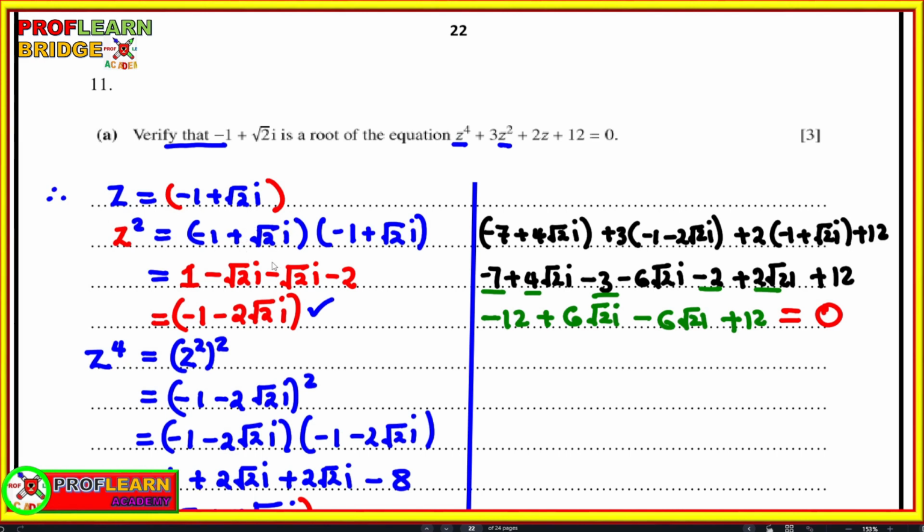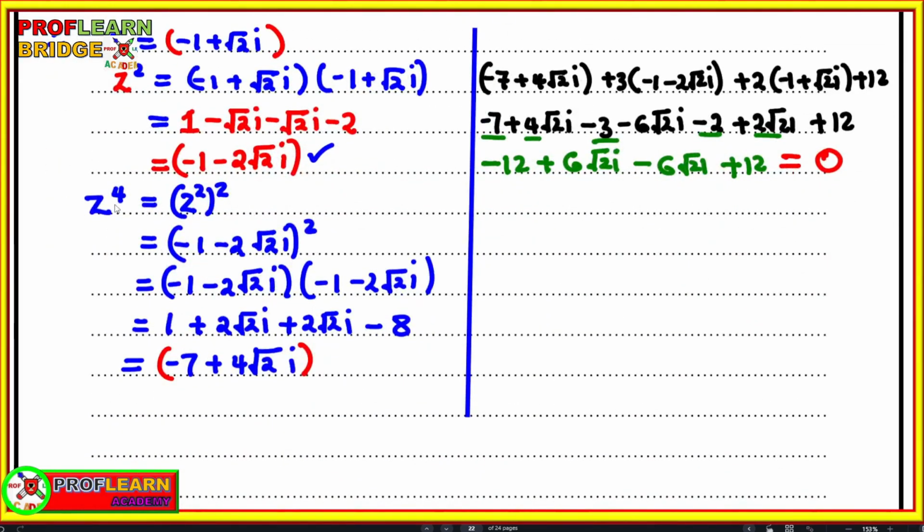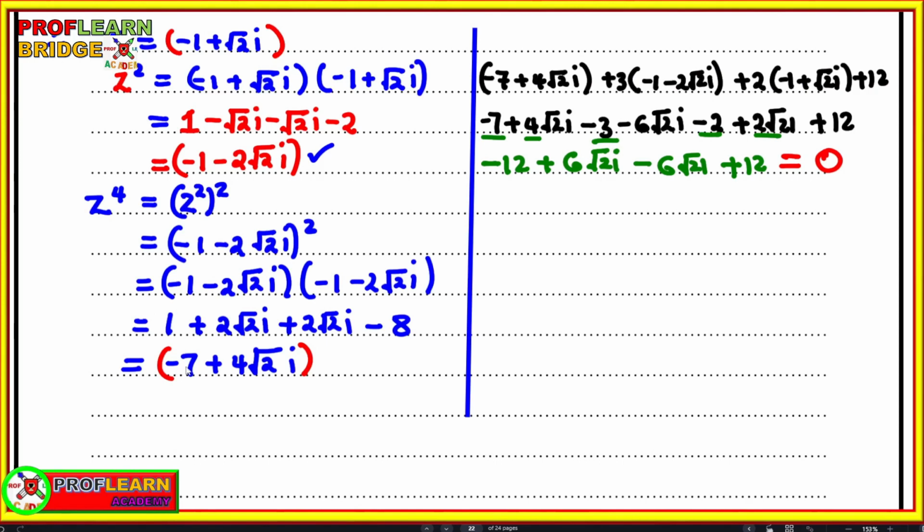And if we multiply root 2i times root 2i, that's going to be negative 2, because i times i is negative and root 2 times root 2 is positive 2. So the answer is going to be negative 1 plus the rest. In order to get z to the 4, we say it is z squared, then squared, and if you expand that, you are going to get negative 7 plus 4 root 2i.